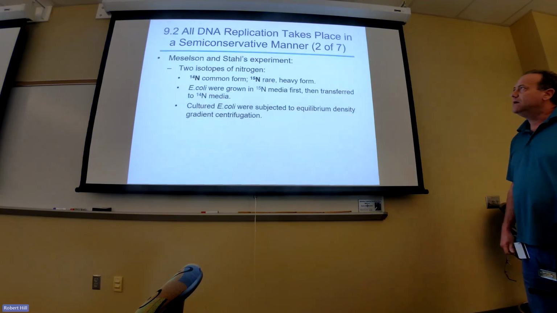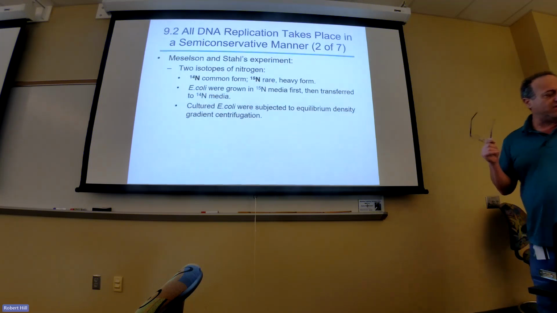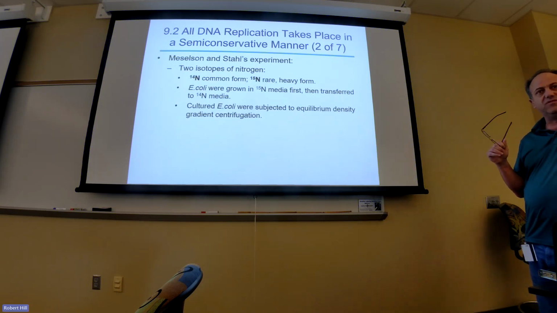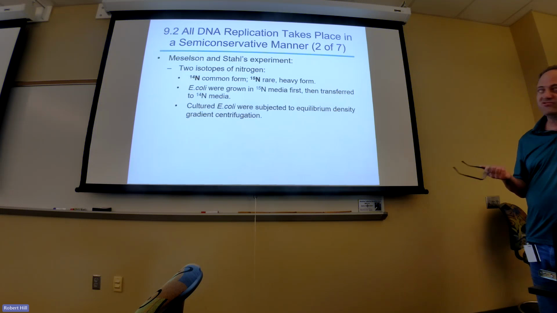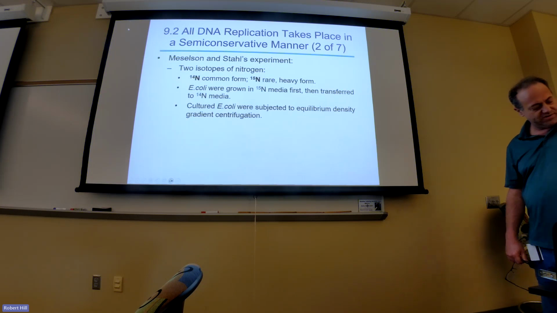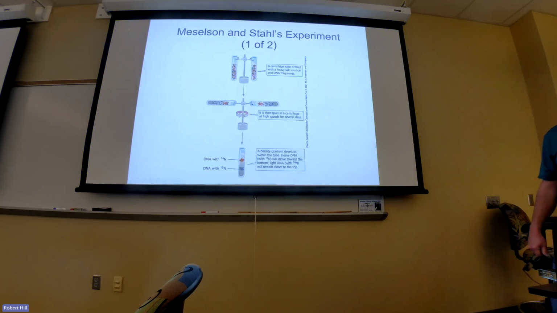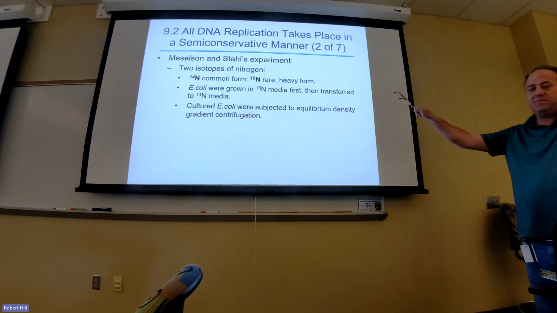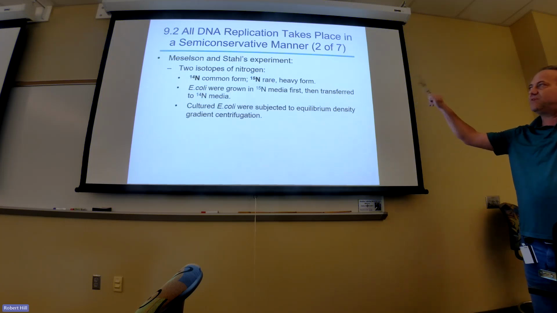All right, so there was an experiment done by Meselson that used 2 forms of nitrogen: a heavy version of nitrogen and the normal version of nitrogen, which is N14. They worked with E. coli, and they did initial culturing in heavy media first, and then transferred it to normal media, N14 media.